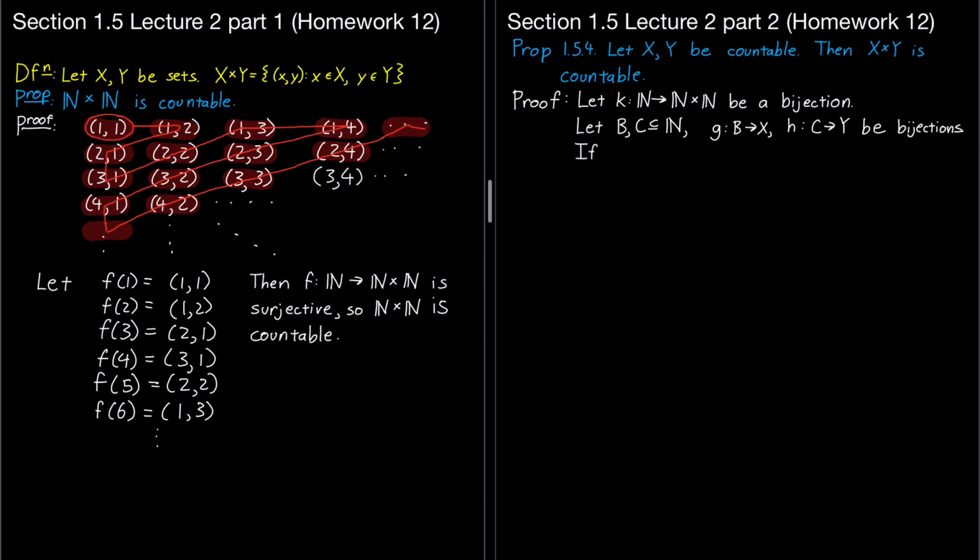So if n is a natural number, then K(n) is in our Cartesian product. So that's some number K1(n), some other number K2(n). So we can define two functions, K1 and K2.